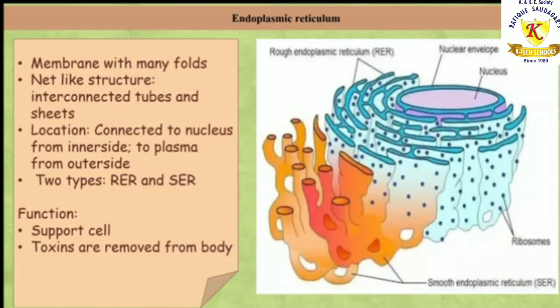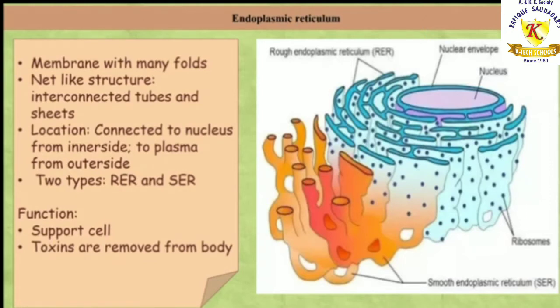ER is connected to the nucleus from the inner side and to the plasma membrane from the outer side. There are two types of endoplasmic reticulum: rough endoplasmic reticulum RER and smooth endoplasmic reticulum SER. Rough ER has ribosome granules on its outer surface.